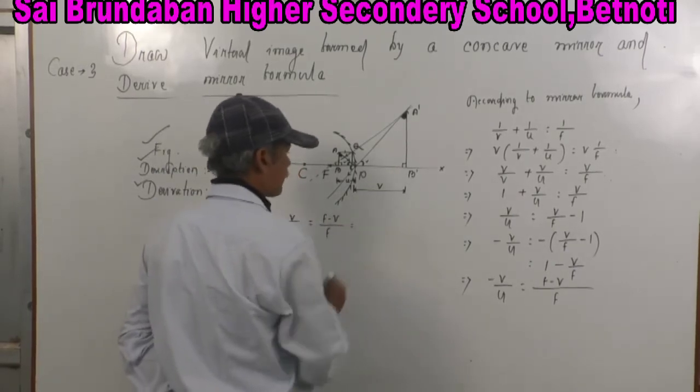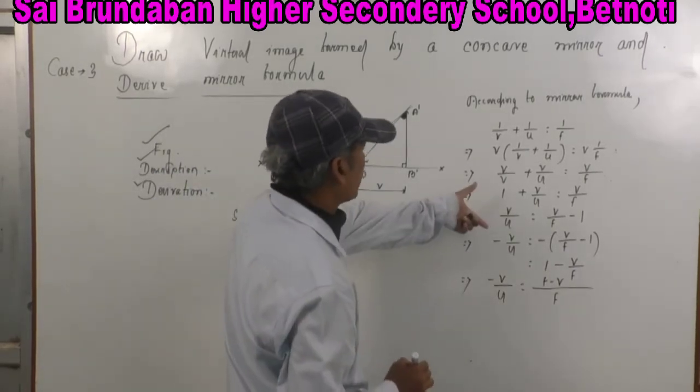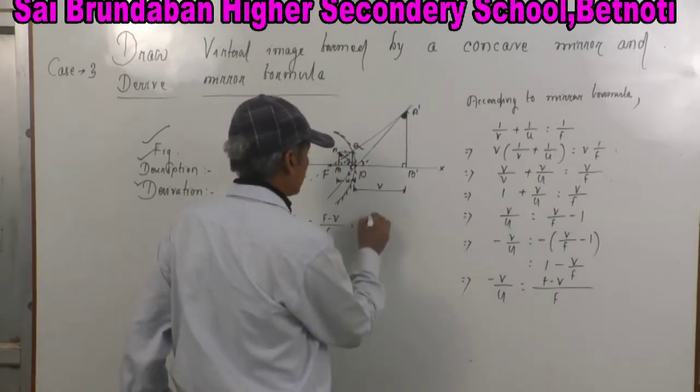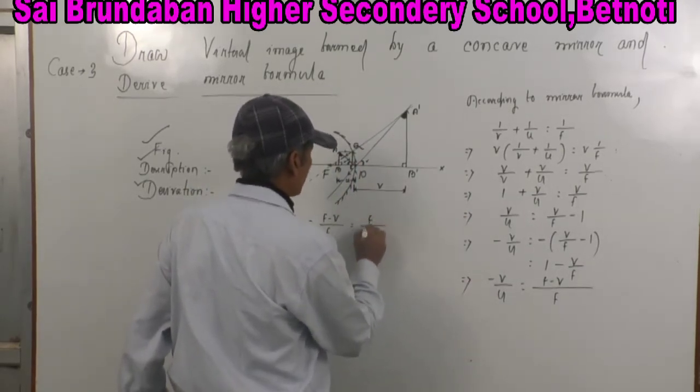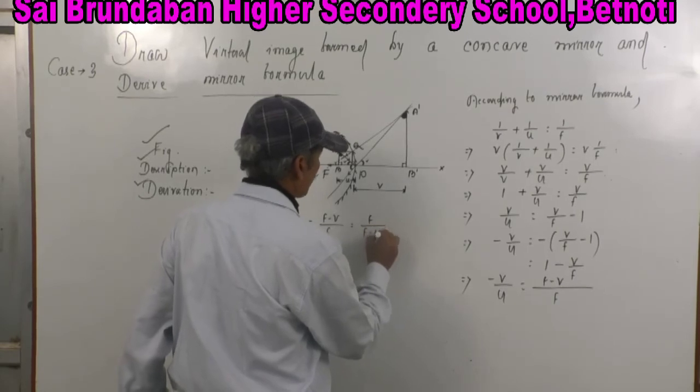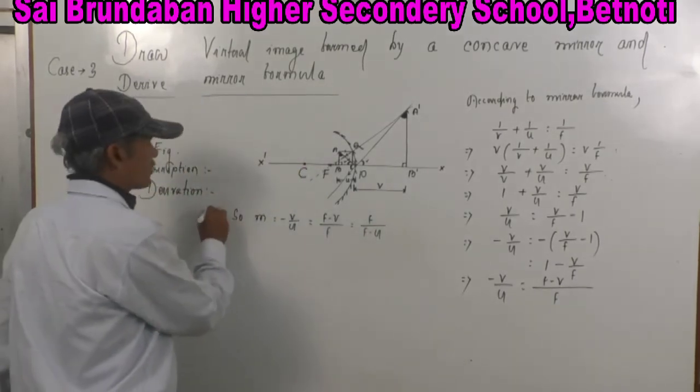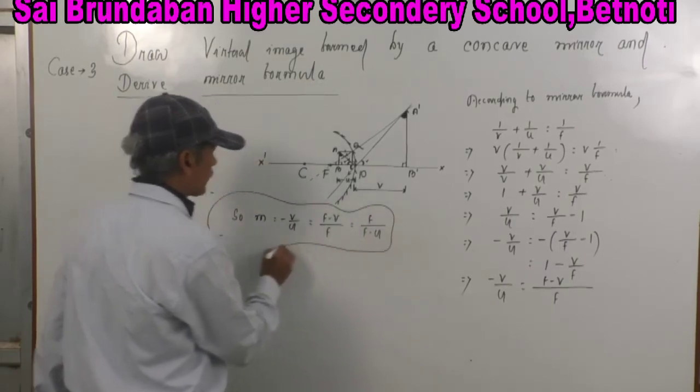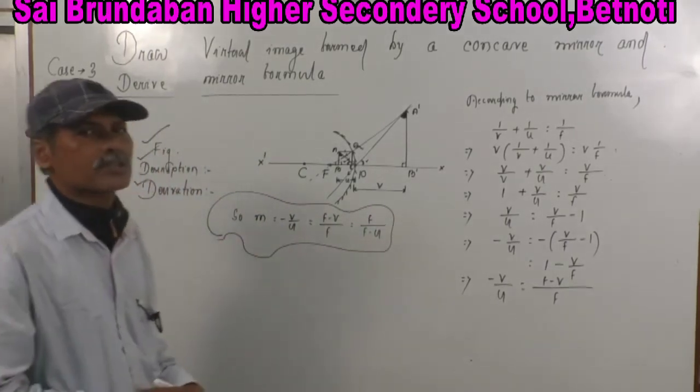In the same way you can also find this is f by f minus u. So this is the transverse magnification.